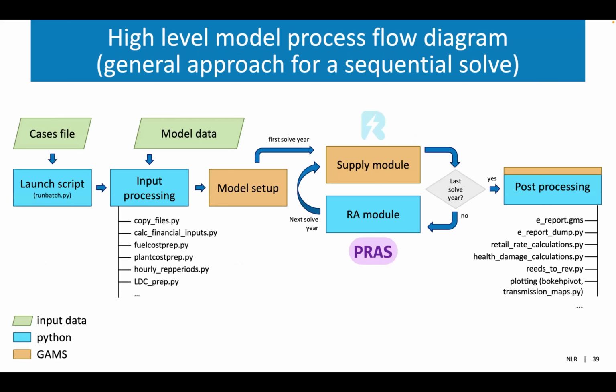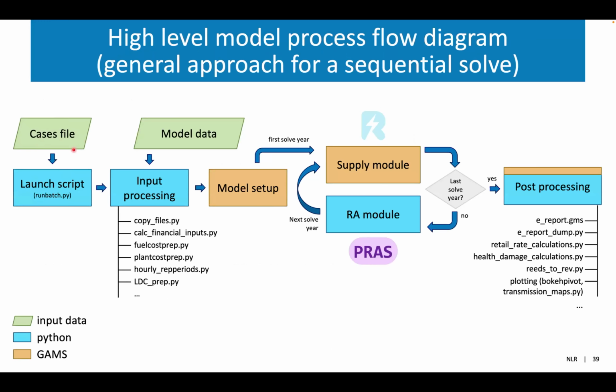Okay, so this is the last slide of actual content I plan to cover for this presentation. And with that, I want to pull together everything I've covered so far and give a high-level walkthrough using this process flow diagram of what actually happens when you hit go on a ReEDS model. So starting on the left, we have this launch script called run_batch.py that takes in a case file.